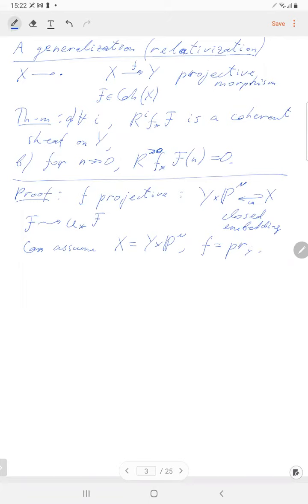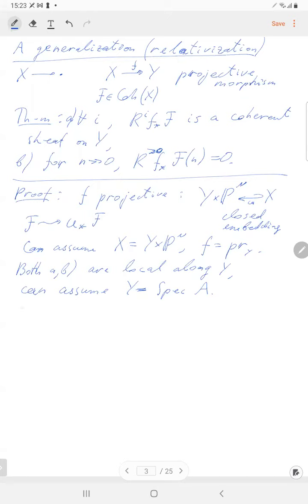Okay, and now both claims A and B are local along Y, so we can assume that Y is affine, say, spectrum of some ring A, and then we already know that all those higher direct images are quasi-coherent sheaves, right?